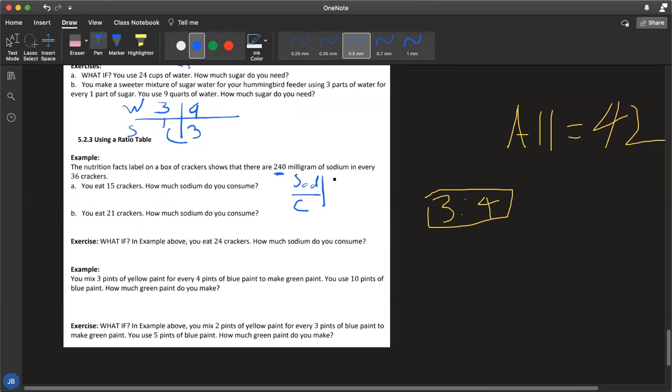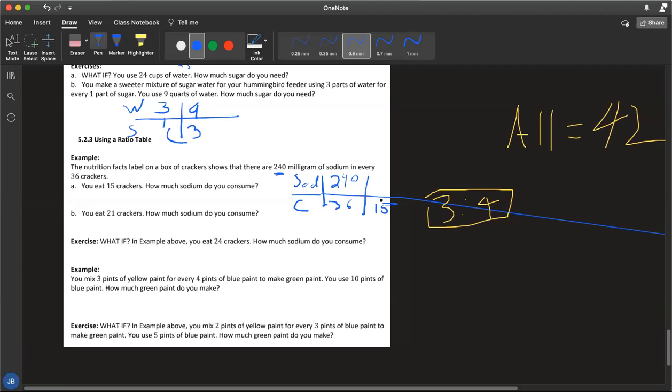And so I can say there's 240 per 36 crackers. Now, if I eat 15 crackers, how much sodium is going to be in the crackers? How are we going to figure this out? Go ahead, Jerry.